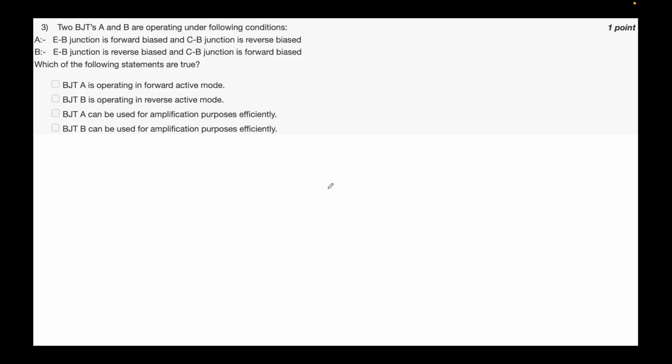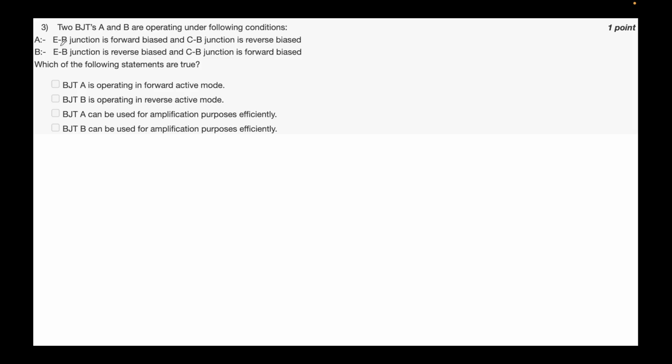Yeah. So this question essentially builds on the discussion that we have already had. Remember, depending on the biasing of the two PN junctions in an NPN BJT, we classify different modes. So let's see what this question talks about. Here we are given two BJTs, A and B, operating under the following conditions.